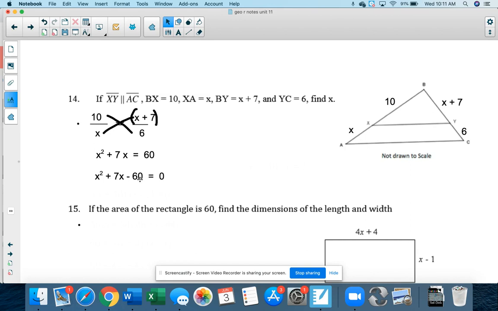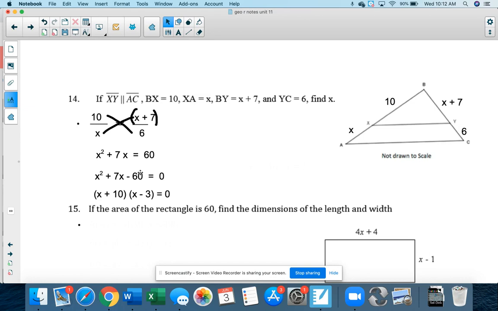All right, so if you think of my factors that multiply to 60, I see that I have a mistake here. 10 and 3 do not multiply to 60. That's what I had on my paper right there. So that's a mistake.